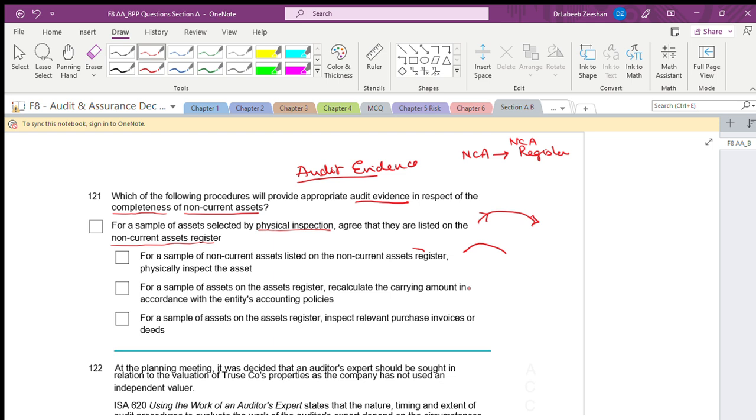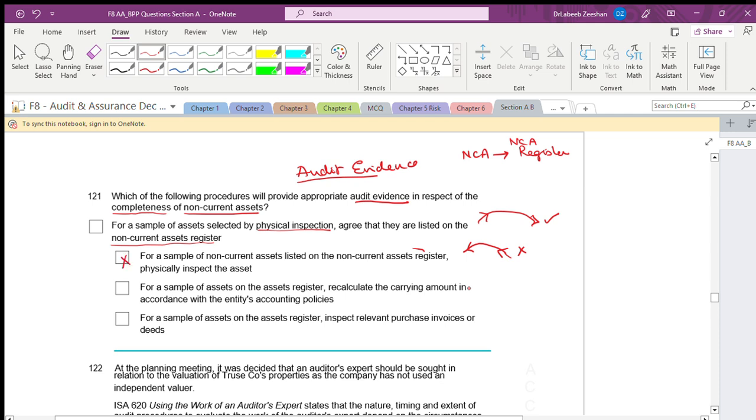First you should see whether the physical asset exists, then you have to see where it has been recorded. That is the reason: for a sample of non-current assets listed in the register, physically inspect. We should not go back.